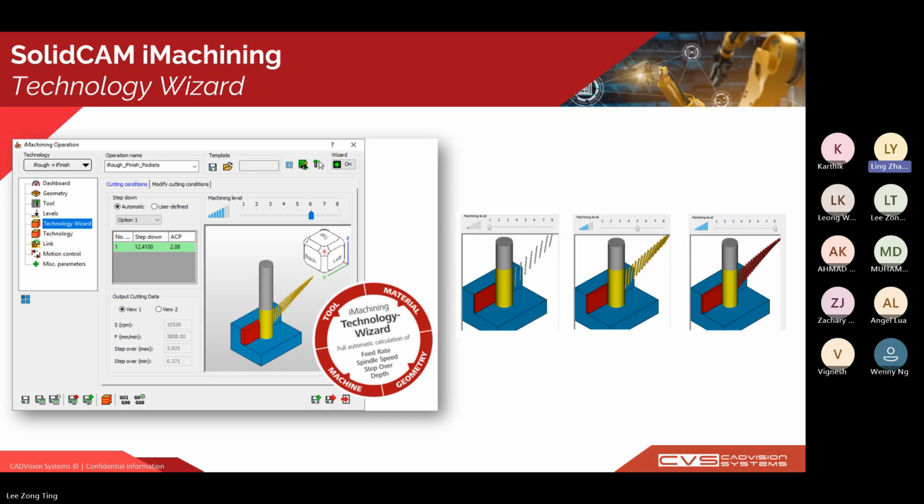So what you can see on the screen, this built-in wizard completely takes the guesswork out of setting machine parameters. Instead of you manually figuring out the values to be set, the wizard automatically calculates the optimal cutting conditions based on your material, your tools, your fixture setup, or even the capabilities of your CNC machine. So it helps to synchronize everything.